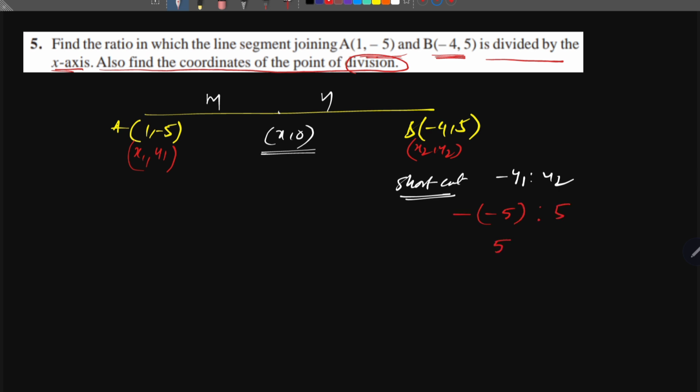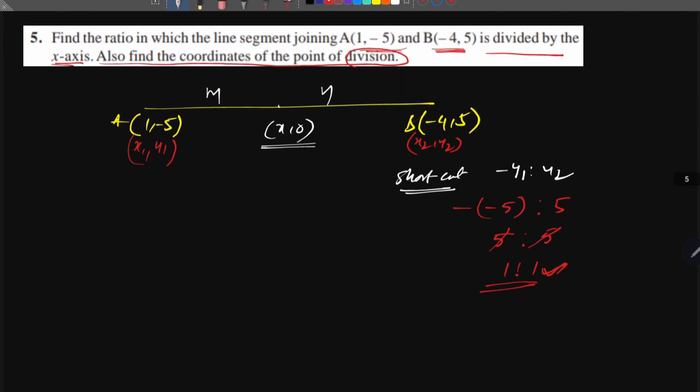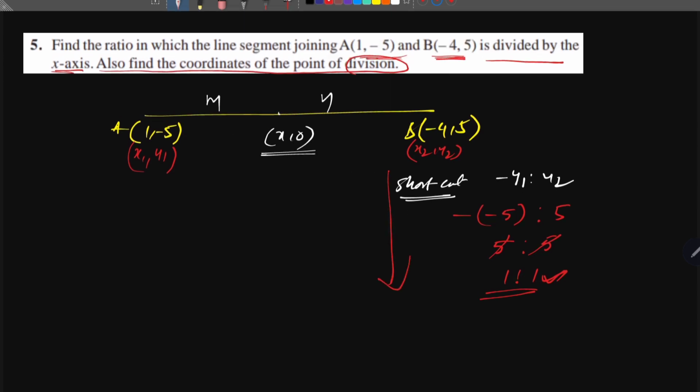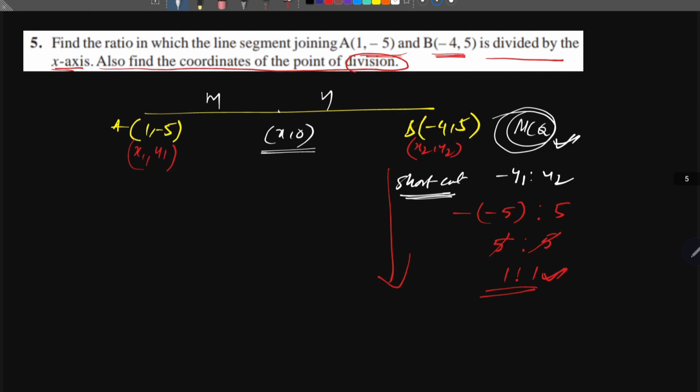Minus into minus is 5, so 5 is to 5, which means 1 is to 1. So the answer is 1 is to 1. We'll check by applying the formula. This is a shortcut, remember it; it is a very useful trick for MCQ questions.